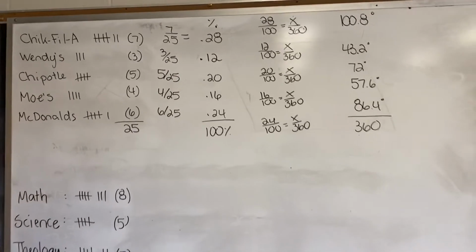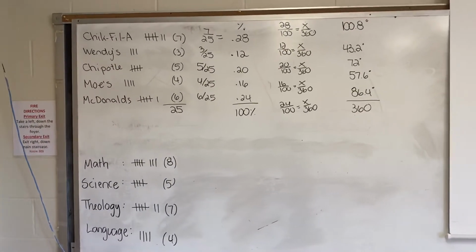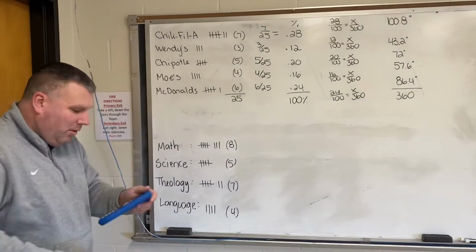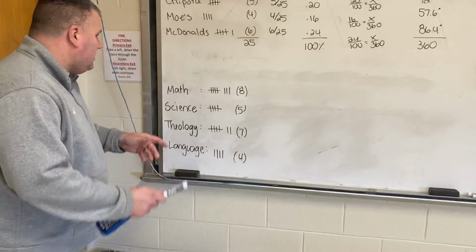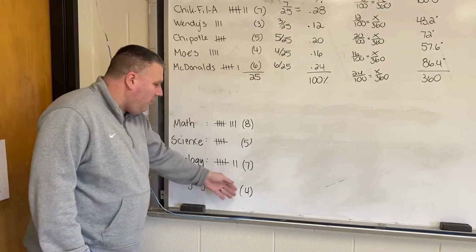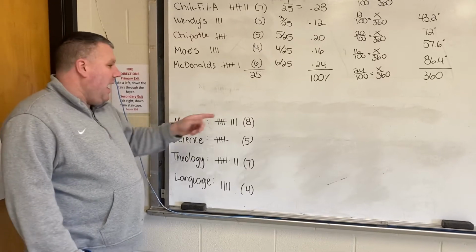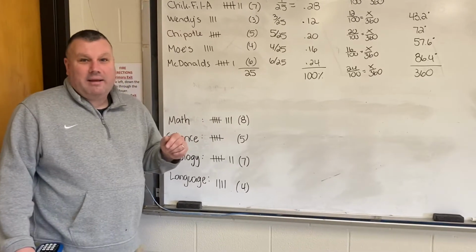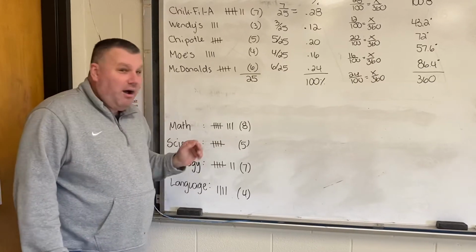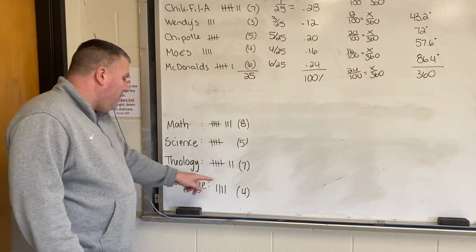Of course, I'm not going to leave you with just that. I have another set of data here. I polled students, and out of the total responses, we have 24 total responses. 8 of them chose math, 5 chose science, 7 chose theology, and 4 chose language.